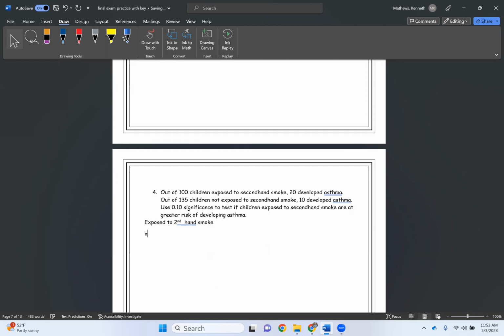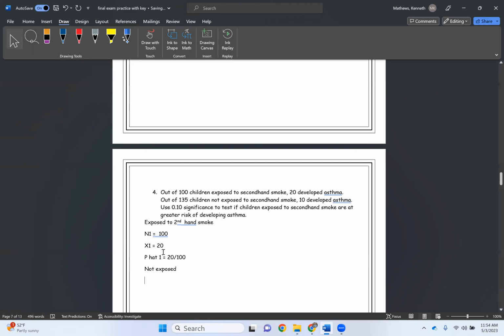What do we know about those people? N1 is equal to 100. 20 developed asthma, so X1 is equal to 20. That means P hat 1 is equal to 20 over 100. How about not exposed?